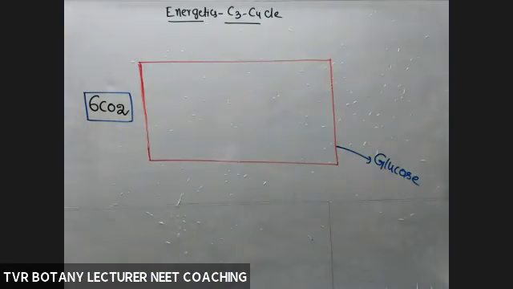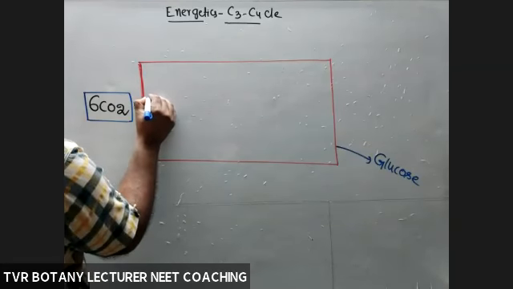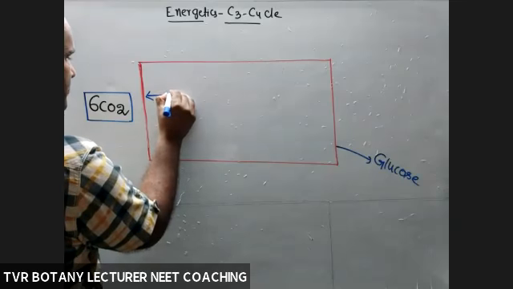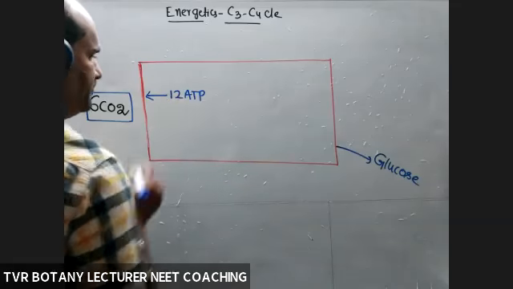One glucose molecule. Now what about the number of ATP and NADPH plus consumed? So here I'm taking, what about the number of ATP consumed here? 12 molecules of ATP consumed.